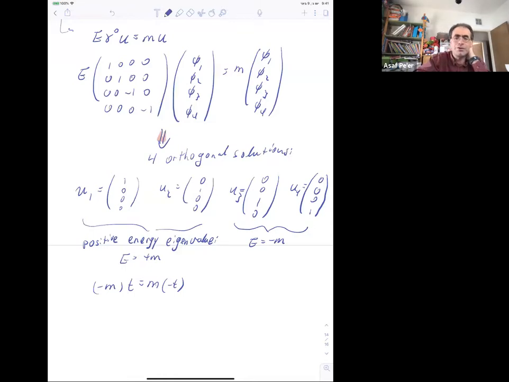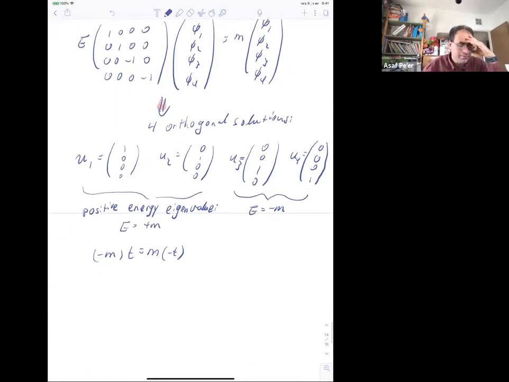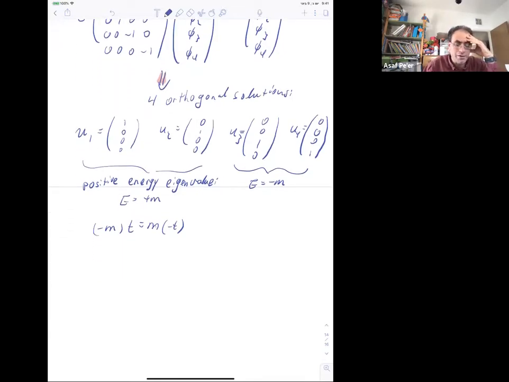So we see 2 solutions have a positive energy, 2 solutions have a negative energy. What about the spin of the solutions? So the 4 states are also eigenstates of the spin operator, SZ, which you already defined.